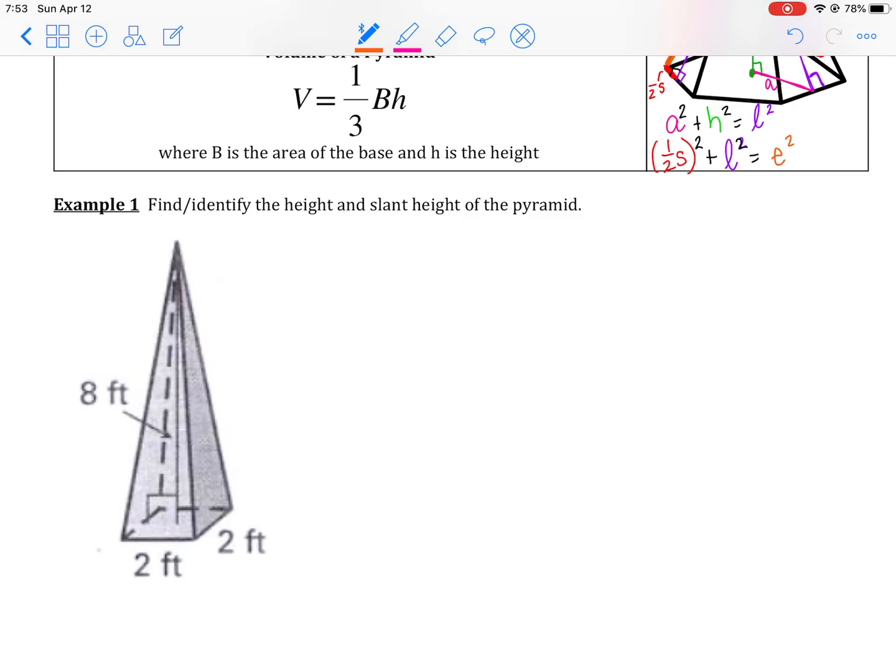In this, we have a square base where each side length is 2, and we have a perpendicular coming up from the center of the base up to this vertex where all of those lateral faces meet. Since it goes up through the middle of the shape, this is the height of the pyramid.